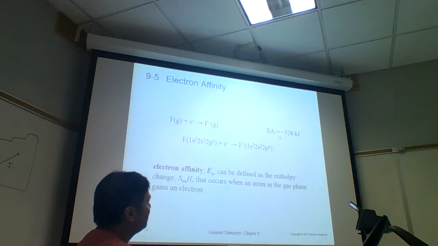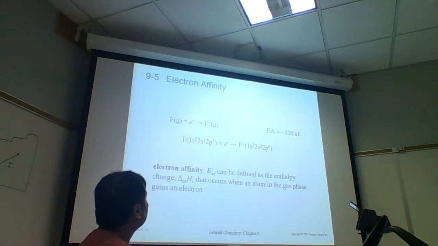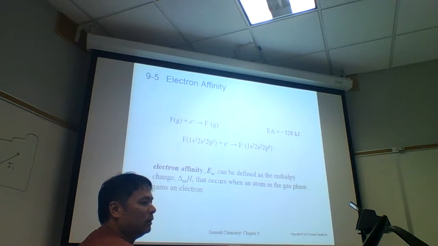And so even though this is negative, we call this a high electron affinity. Affinity just means like or love for electrons. And so fluorine, of course, loves electrons. Therefore, this is high, minus 328.